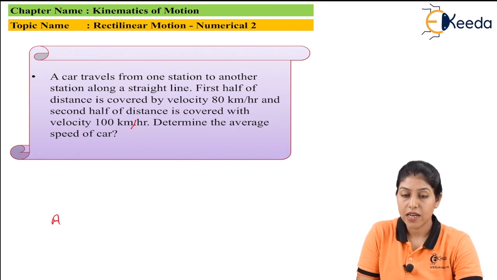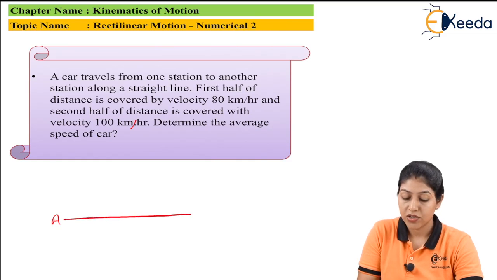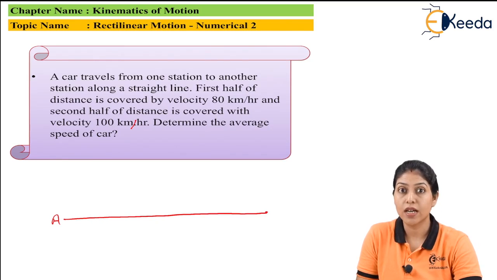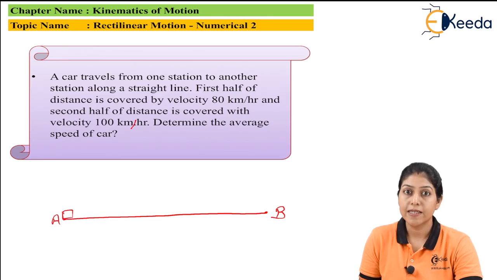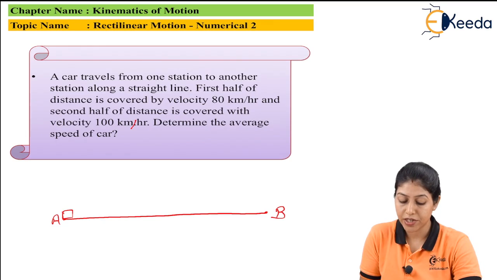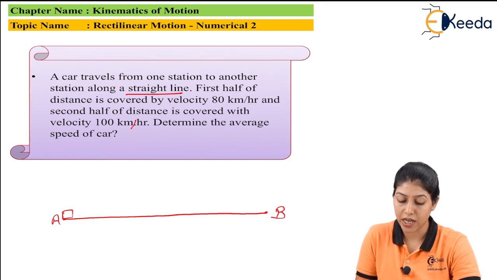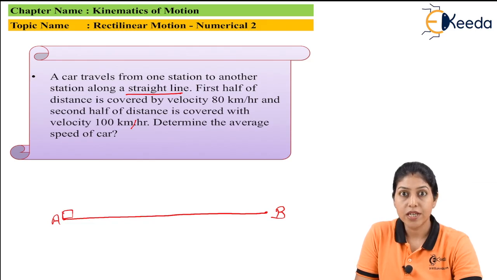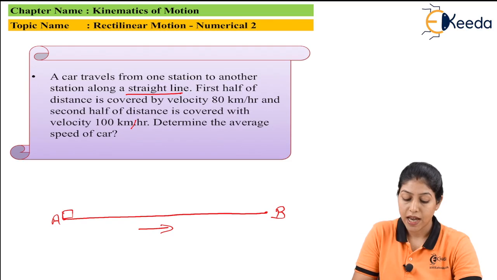Here we are considering a car which is traveling from one station to another station. Let us consider there are two stations, station A and station B. So the car is traveling from A to B, following a straight line path.